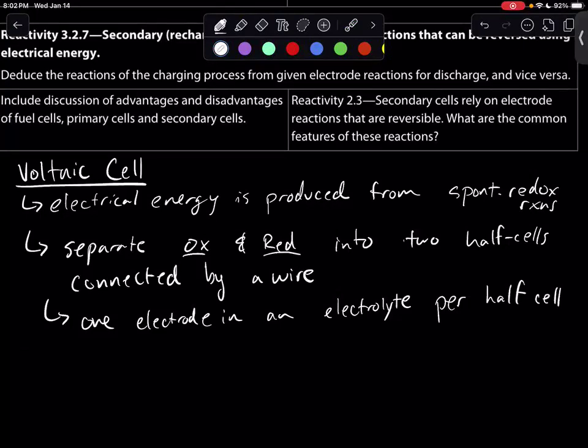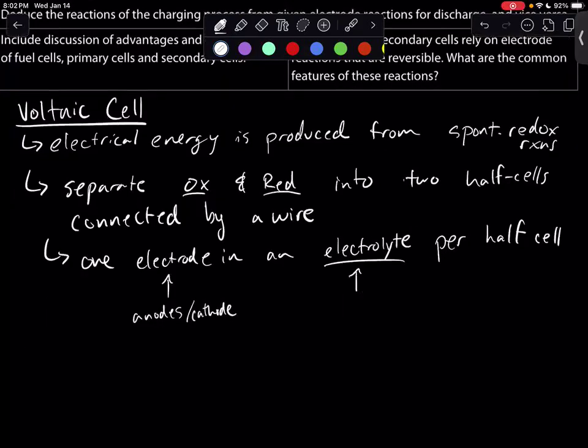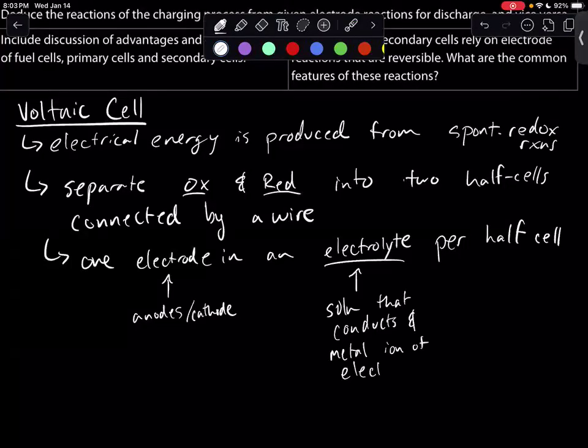Just to be clear, your electrodes are going to be your anode or your cathode, and your electrolyte is just going to be some solution that conducts. And it's going to have the metal ion of the electrode.